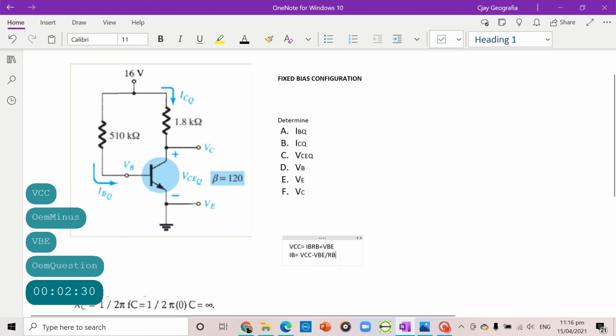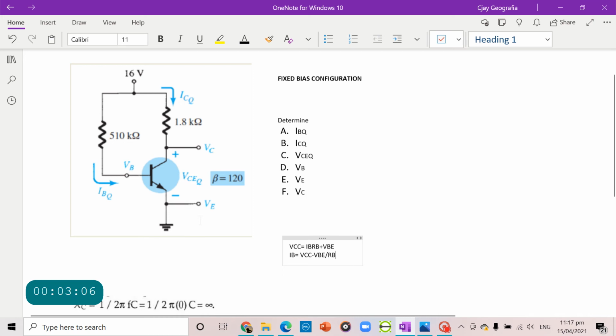As you can see in here, we can form it because we use Kirchhoff's voltage law. The 16V in here is equal to IB times RB plus VBE, the voltage between B and E. So therefore IB is equal to VCC minus VBE over RB.